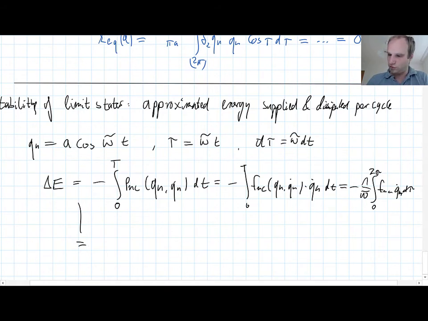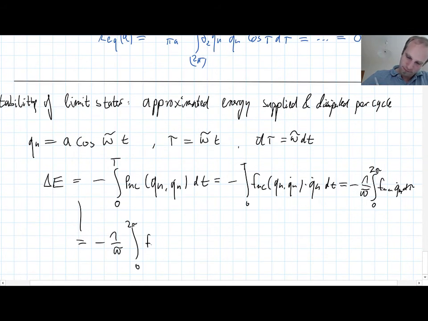So we substitute this QH dot is then minus a omega tilde sine omega tilde t, and omega tilde t is tau, so I can write this like this: 1 over omega tilde, integral from 0 to 2 pi, FNC.